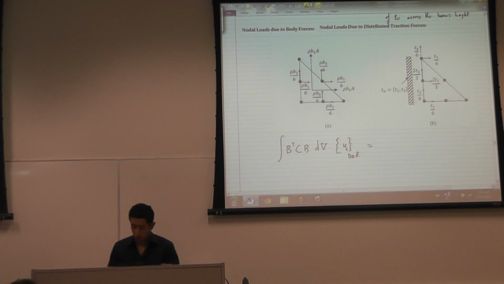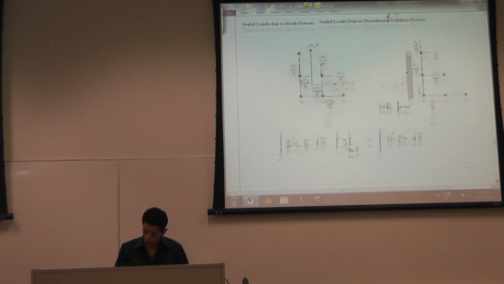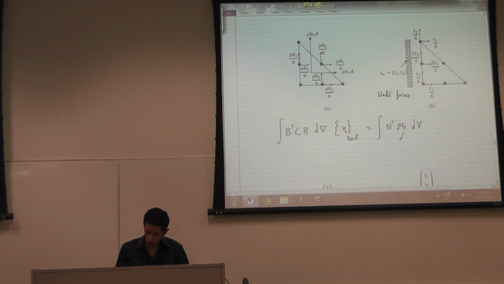This is equal to the loading, or the nodal forces of the element, and the nodal forces are obtained as follows. The nodal forces for a distributed load are N transpose rho B integrated over the volume, where B is a vector B1, B2.